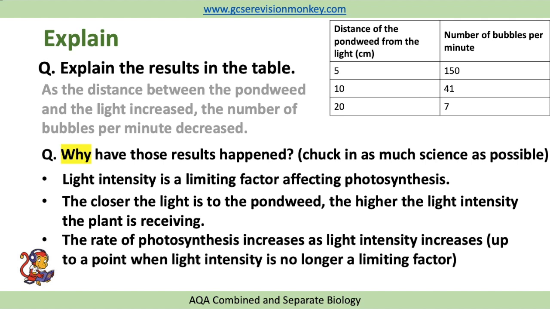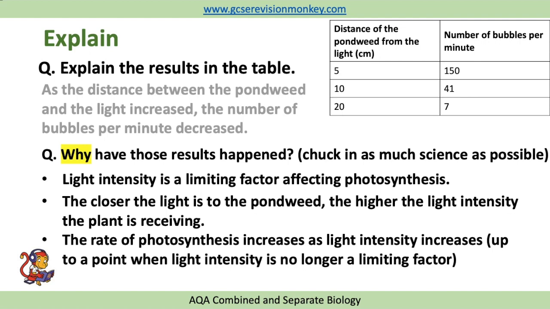The rate of photosynthesis increases as light intensity increases, up to a point when light intensity is no longer a limiting factor. So you can bullet point all of these key scientific details which explain why those results are what they are, rather than describing the results.